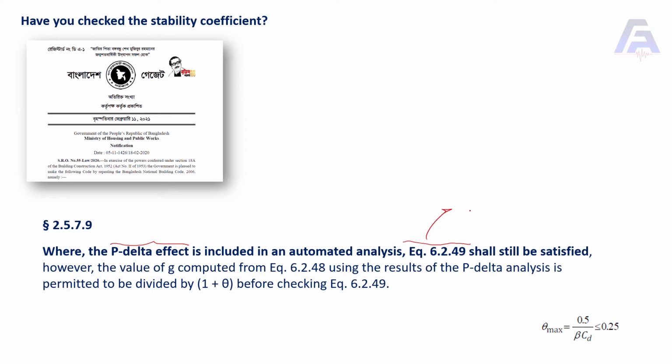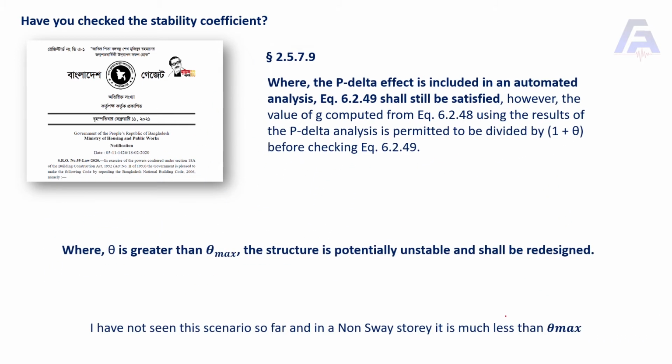What this equation says is that your stability coefficient theta should be less than a maximum value for that theta. And this maximum value is something like this. So if your theta is greater than the maximum value, the structure needs to be redesigned.